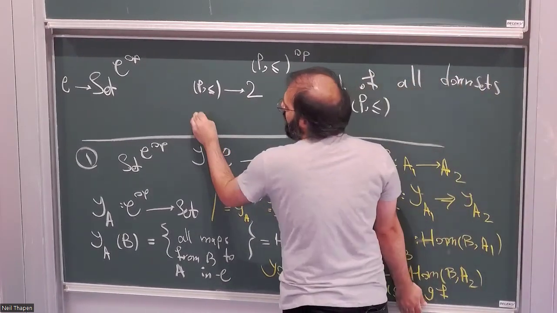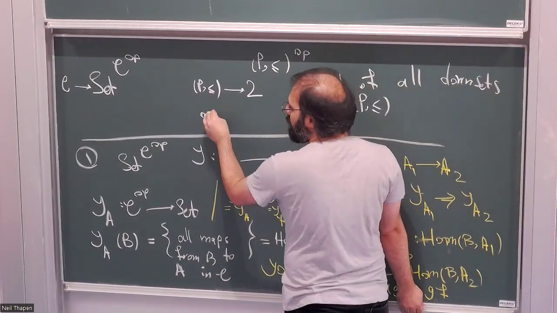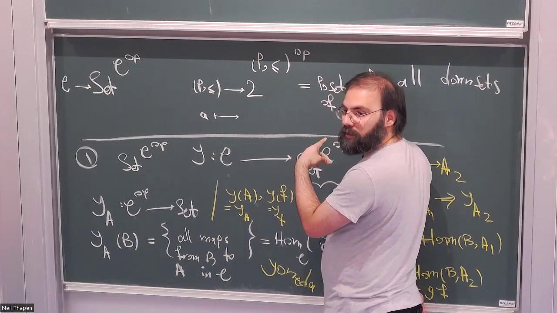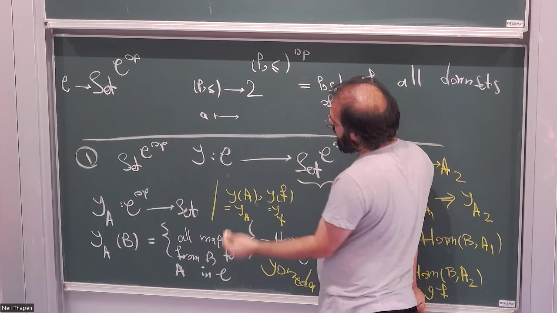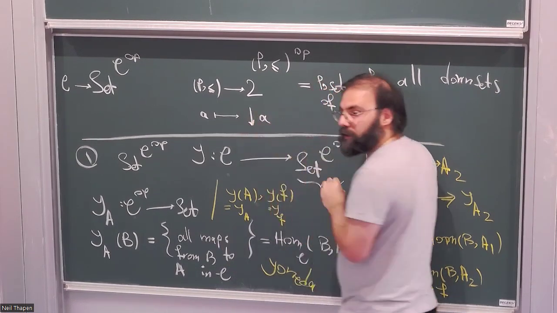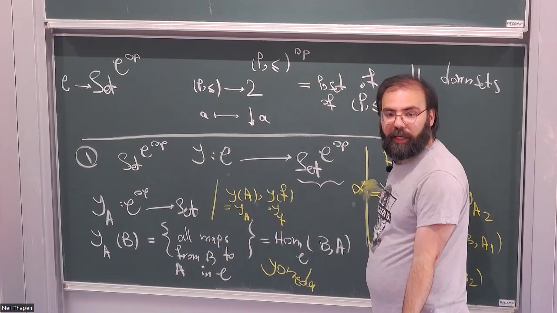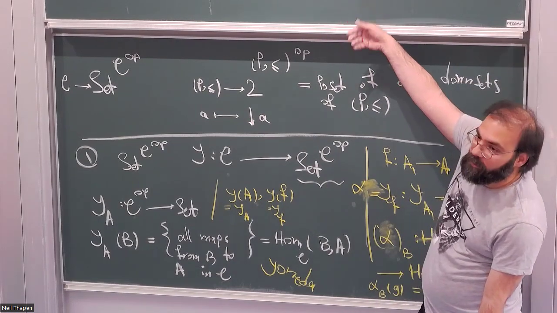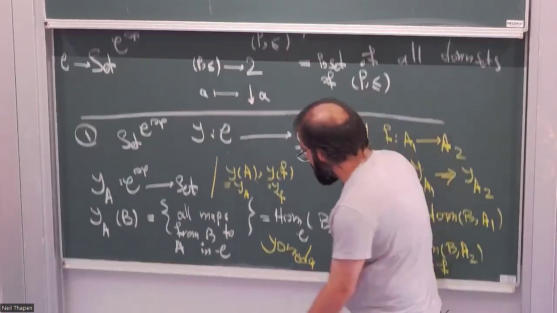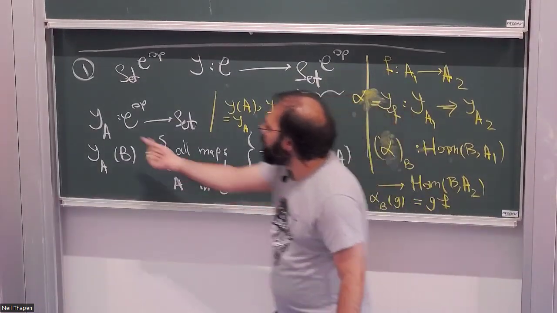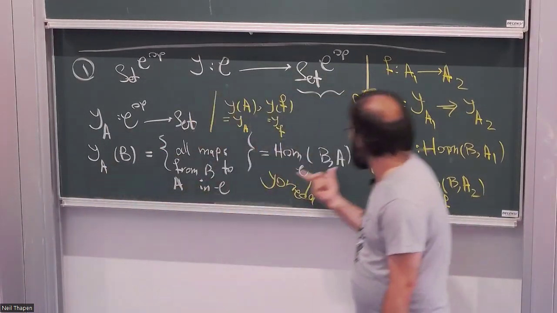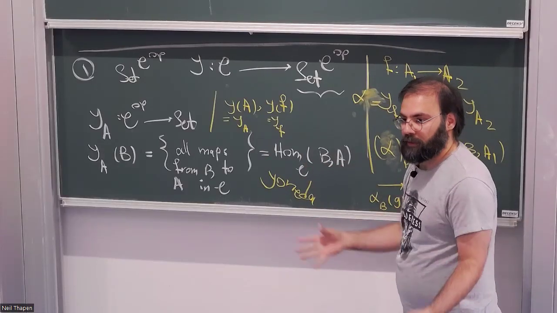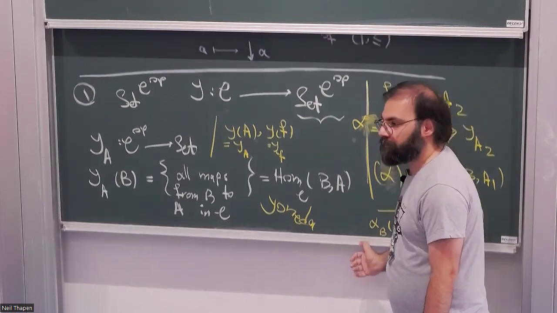You read some element A and you map it to the canonical downset, the downset generated by A, everything below A. So I'm mapping A to Yoneda A, which is just the downset of A, everything below A in some systematic way.